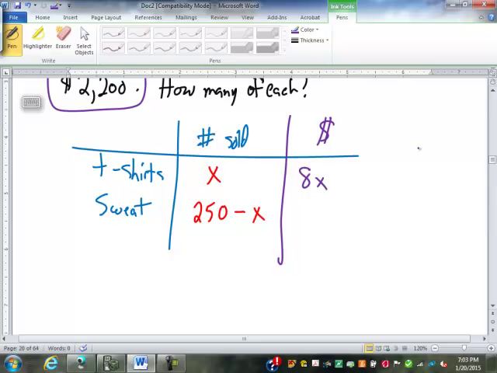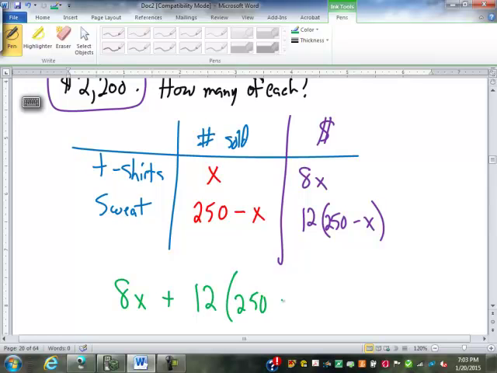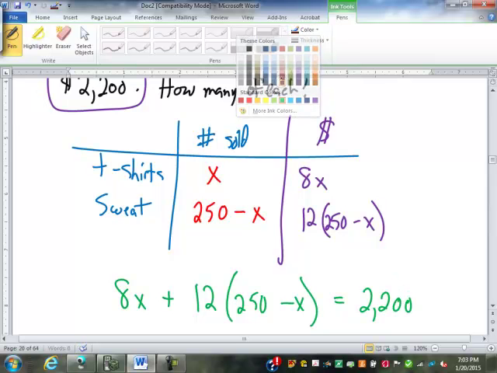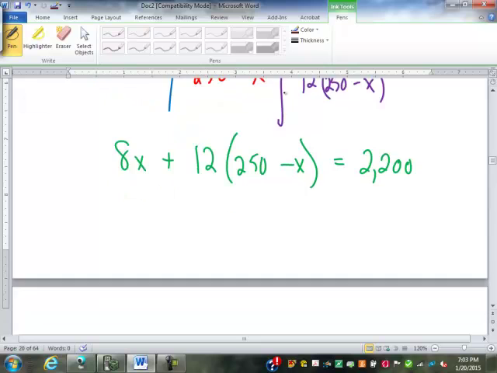So 12 times 250 minus X. So those have to add up to, so 8X plus 12 times 250 minus X has to add up to $2,200. Now we have an equation.